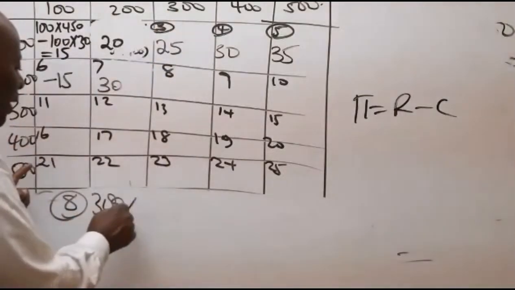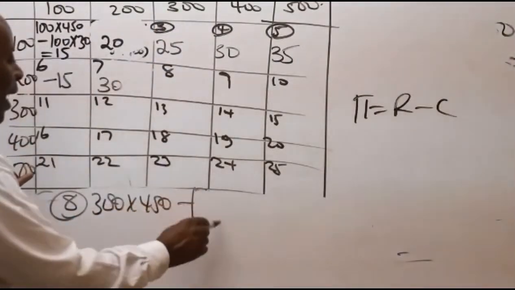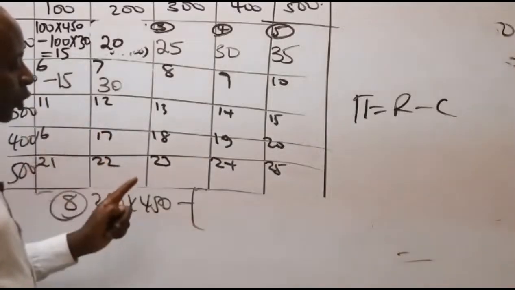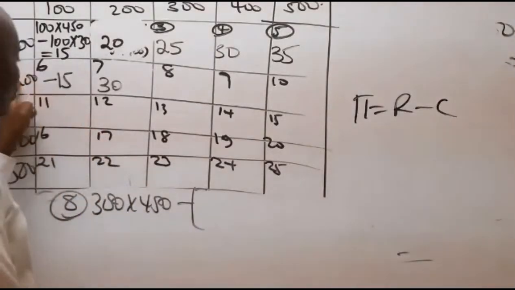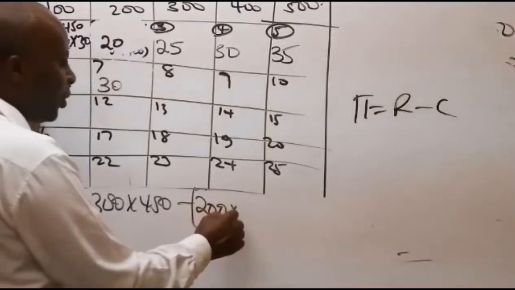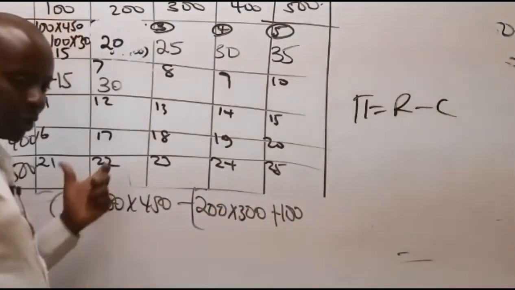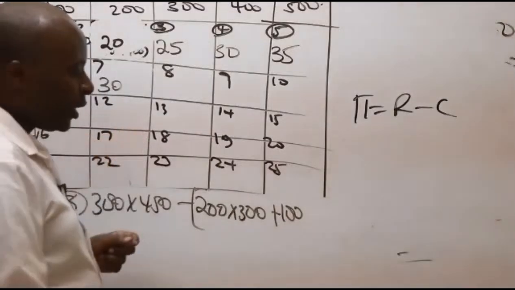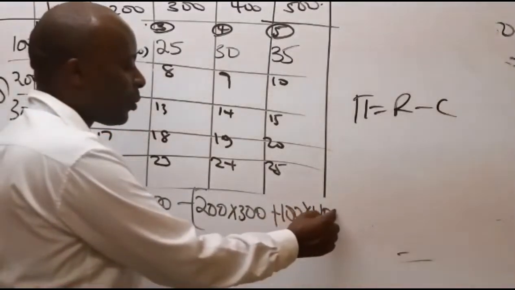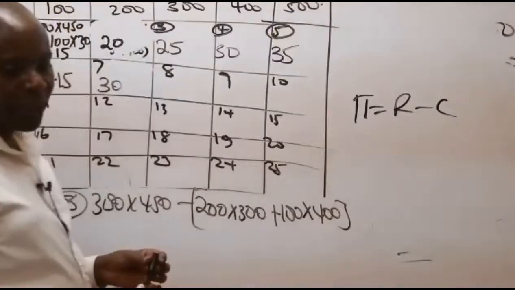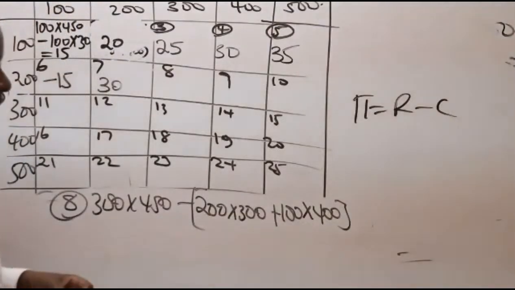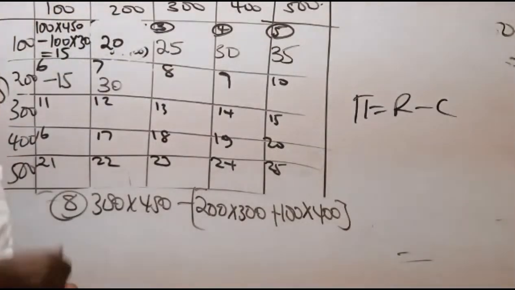So 300 times 450 minus our cost of production. There is a normal cost of producing 200 at 300 plus 100, because now we have to push up 100 times the cost of producing more, which is 400. Let's see whether it will come to 0, Njeri, or 25.